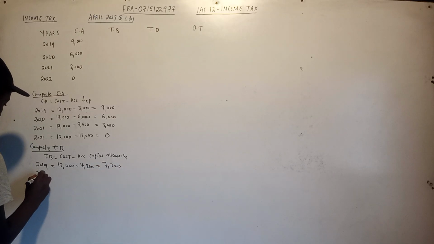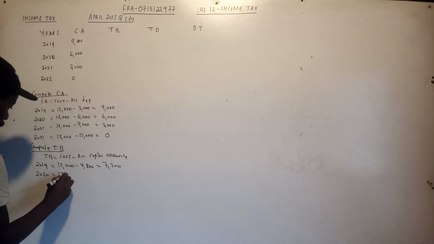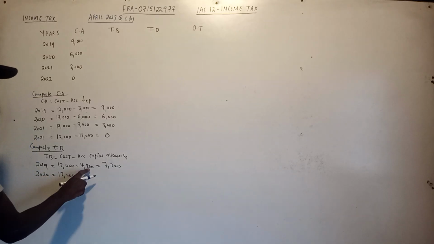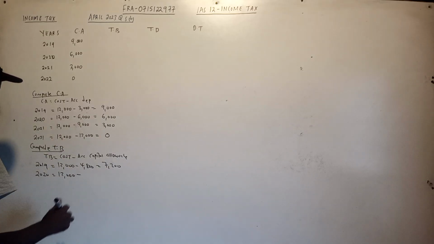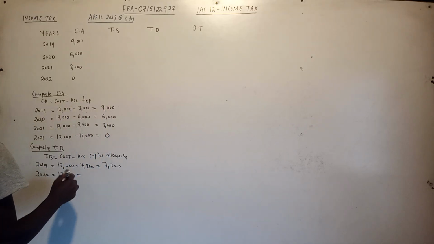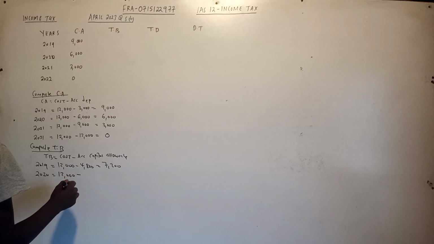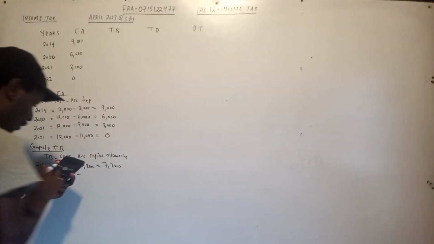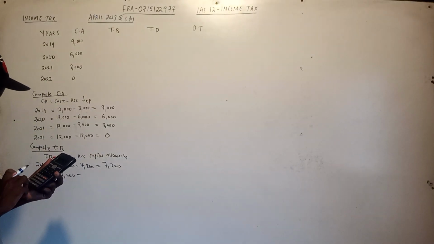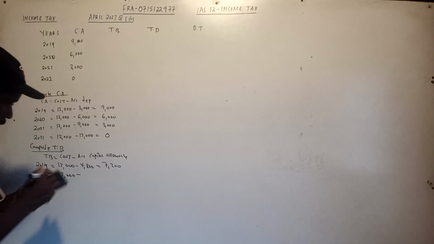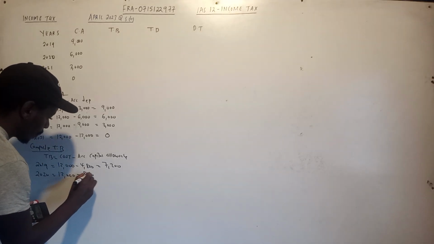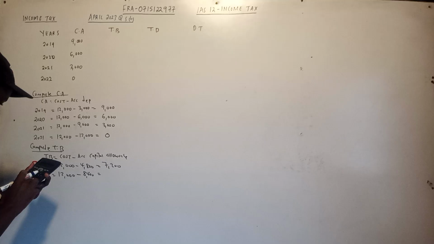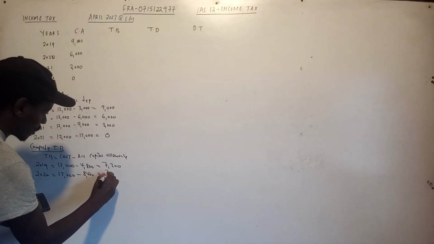Then 2020: 12,000, the accumulated capital allowance will be 4,800 plus the capital allowance for 2020, which was 600. You can check, we had computed that part earlier. So 12,000 minus the answer, which is 3,600.